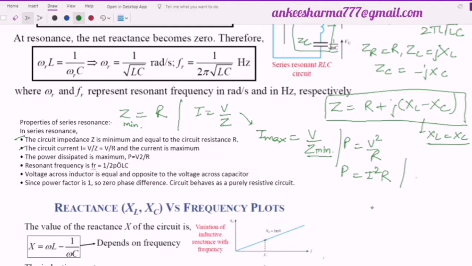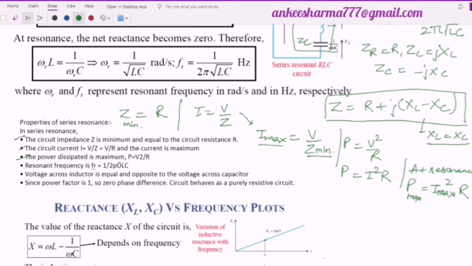At resonance, the current is maximum, so my power will be equal to I max square into R. Simply, the power obtained at resonance will be the maximum power. It means power dissipation at the resonant frequency will be maximum.